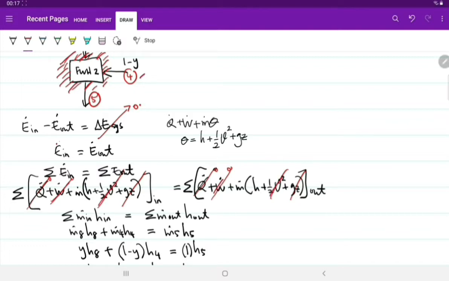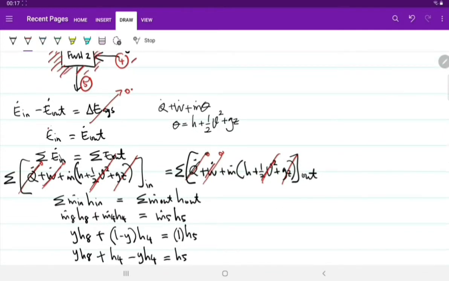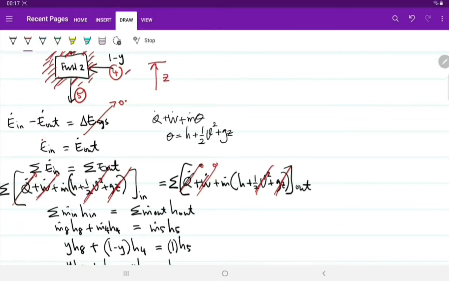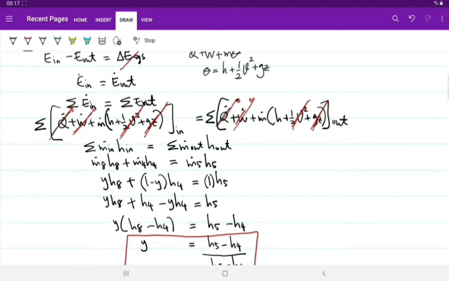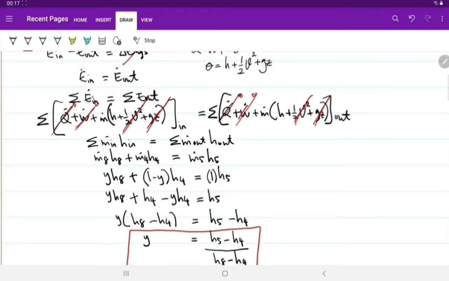And the potential energy in and out should be the same. They are a function of the elevation. Usually the feed water heater is located at a certain location, so you are measuring the Z here. The Z for the inlet and outlet should be more or less similar, so the change is 0. So you have cancelled almost all the terms except for the enthalpy.